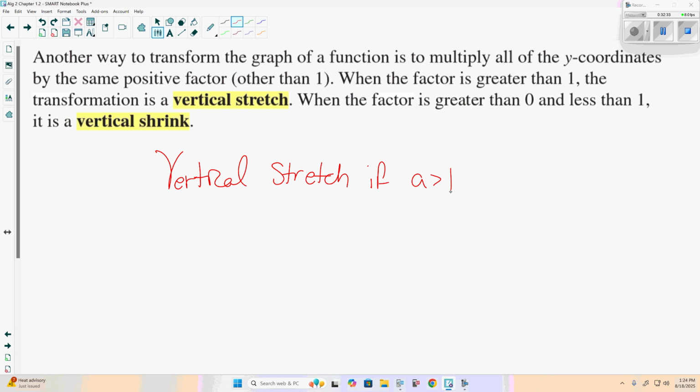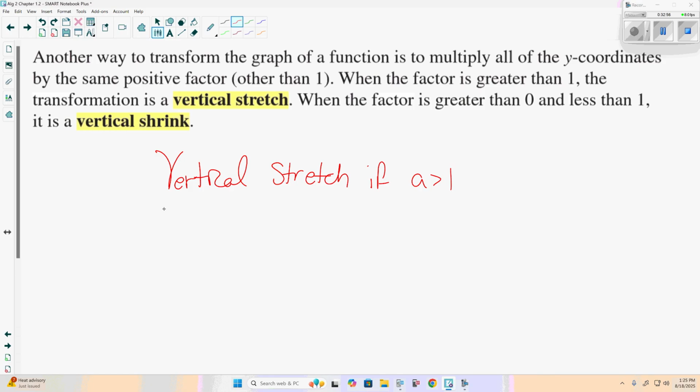But the negative, again, is talking about the reflection. The negative with a is our reflection. The 2 is talking about the stretch or shrink. We look at the number specifically to determine if it's stretch or shrink. We look at its sign to determine if there's a reflection.